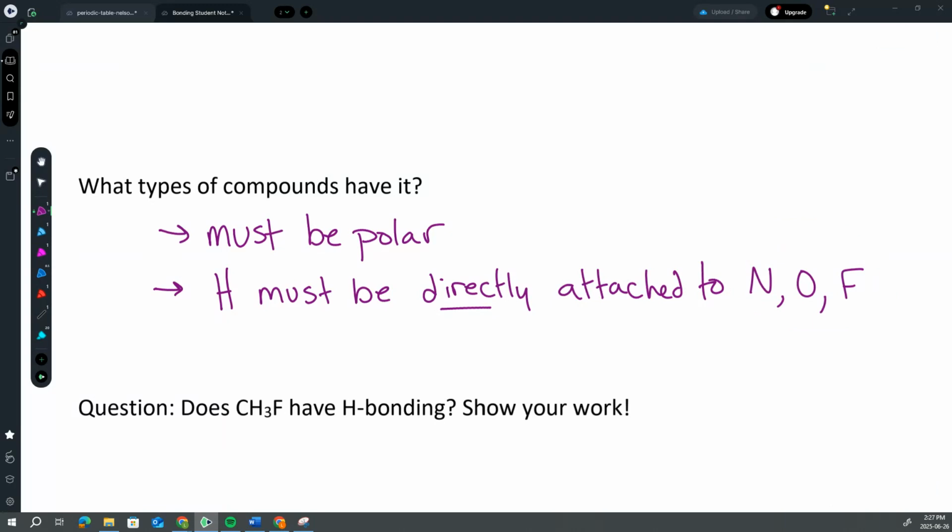Because sometimes compounds do have hydrogen along with one of these in it, but they're not directly attached to one another. And therefore, that compound wouldn't be able to hydrogen bond.